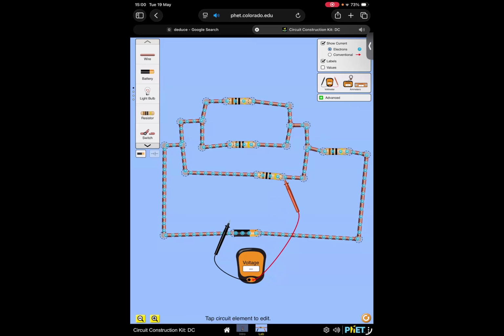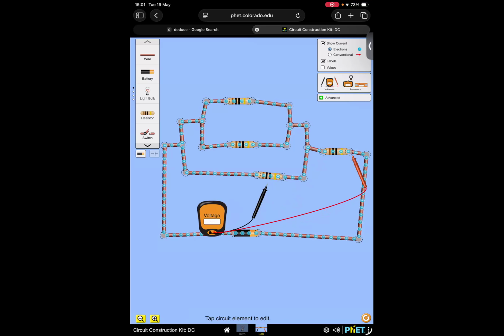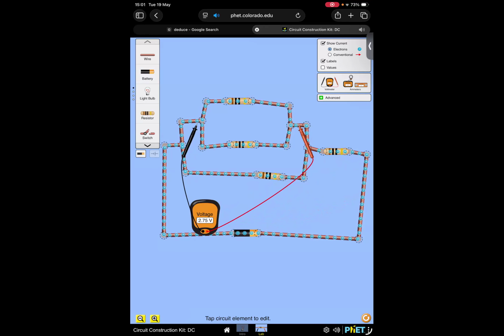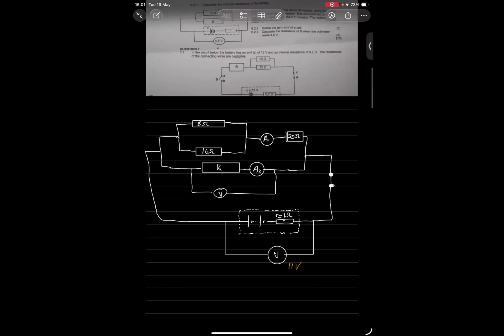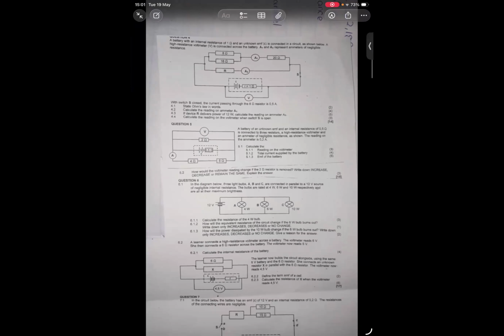So this morning for 2.75 volts. Why? Is it the ammeter? No, the ammeter has a problem.